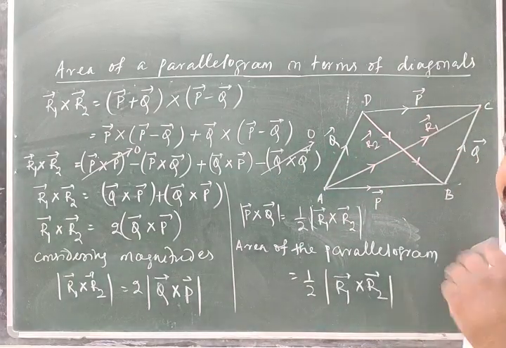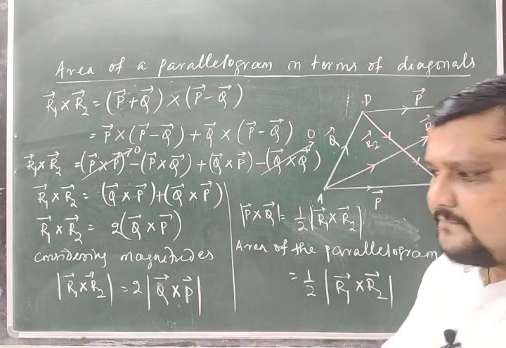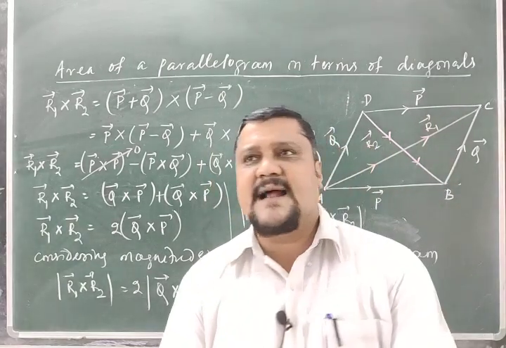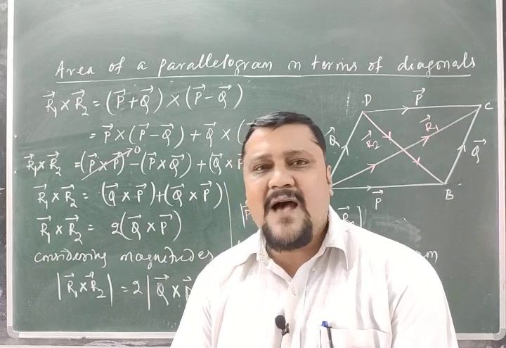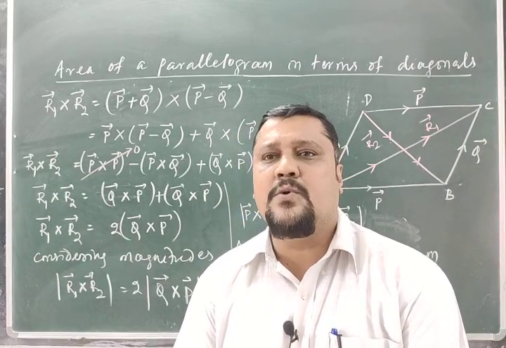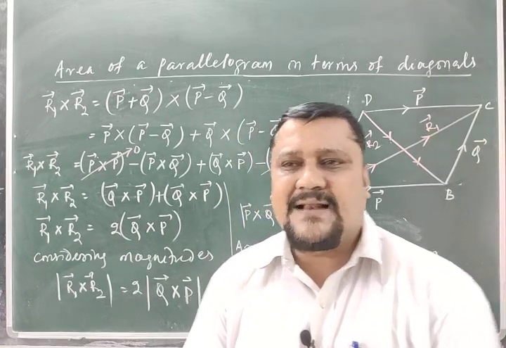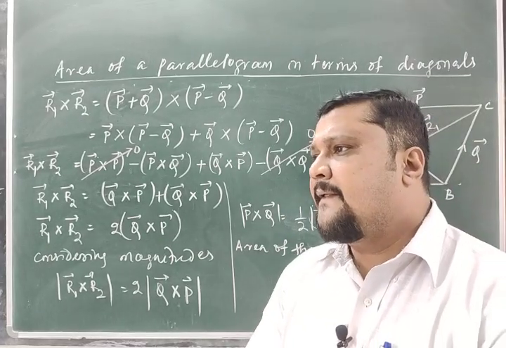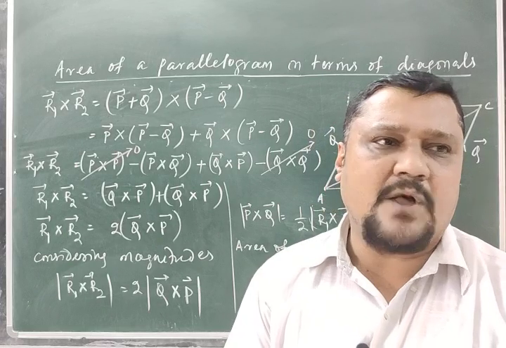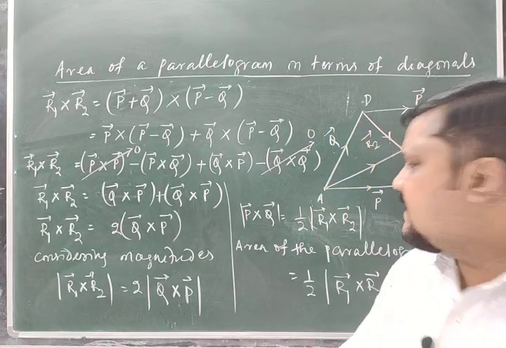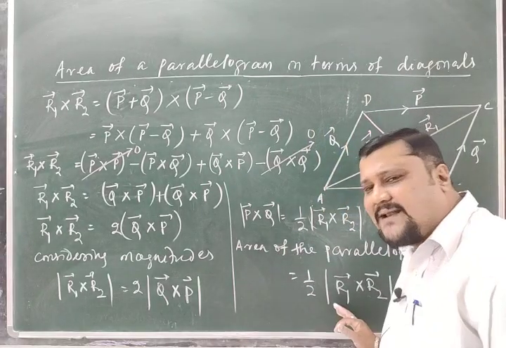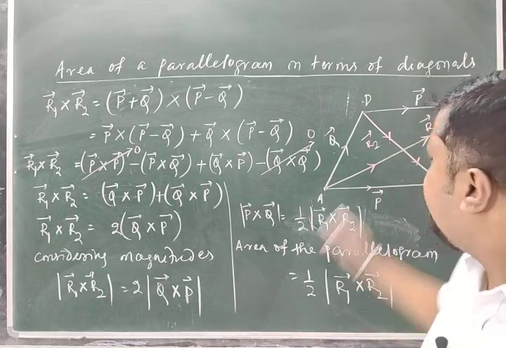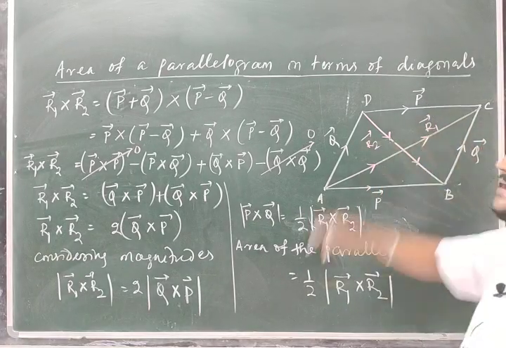If two vectors represent the two adjacent sides of the parallelogram, then the area of the parallelogram is the magnitude of the cross product of the two vectors. In terms of the diagonals, it is half of the magnitude of the cross product of the two diagonals. And remember how I represent these diagonals.